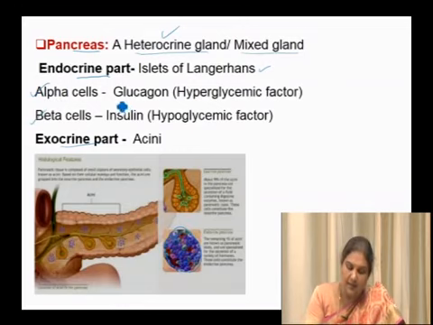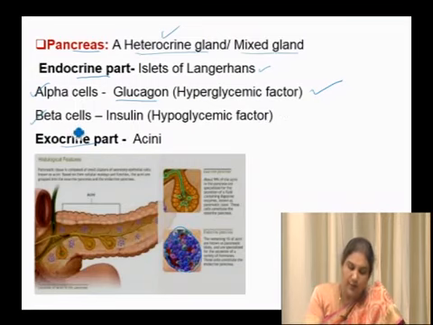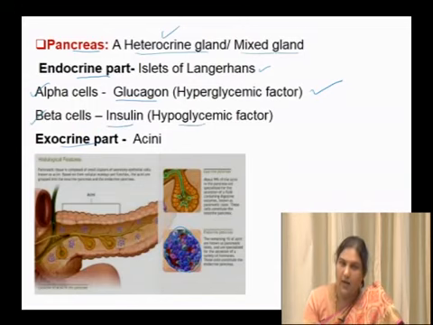Alpha cells secrete the hormone called glucagon. We call this a hyperglycemic factor because it increases the blood glucose concentration. Beta cells secrete insulin. We call this a hypoglycemic factor because it decreases the sugar level or the glucose level in the blood.